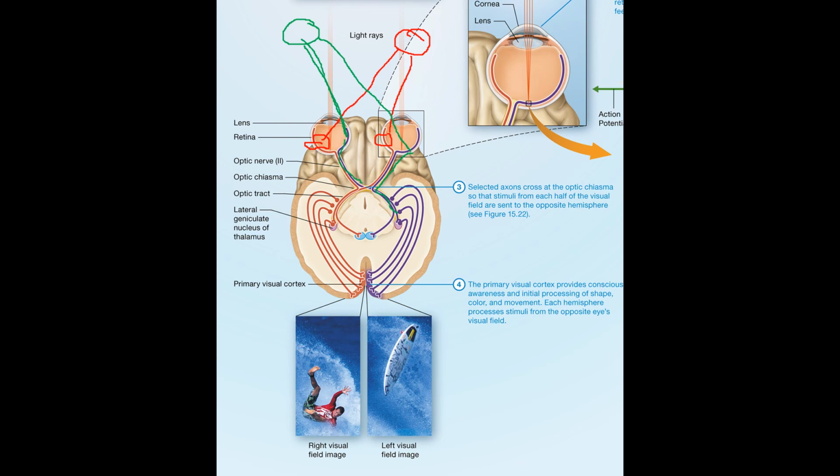The ones on the left side cross for the left visual field. And so now those are all being processed on the right hemisphere, okay? And so this is actually what you end up with, this right visual field image and your left visual field image, but your brain then flip-flops them. So that is how vision is interpreted, all the way from light to action potentials to cerebral integration.